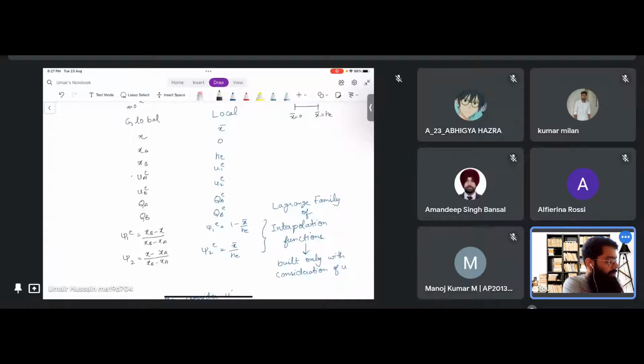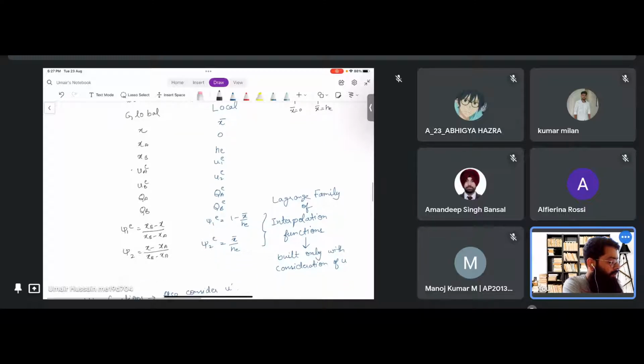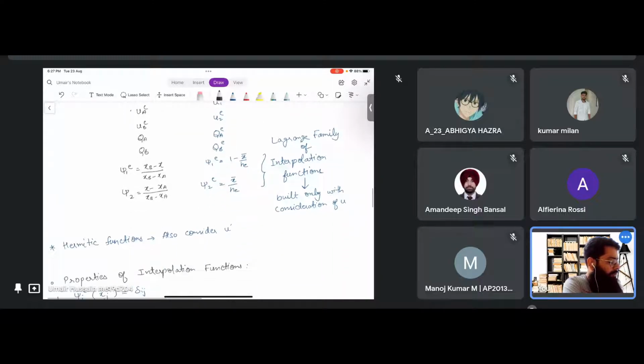Okay, so this is the way we transform each variable from a local to global sense. And similarly, in terms of the local coordinate system, we get the respective interpolation functions. The interpolation function which we got in the class was the Lagrange family of interpolation functions.